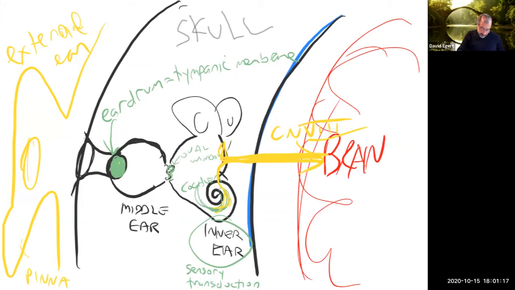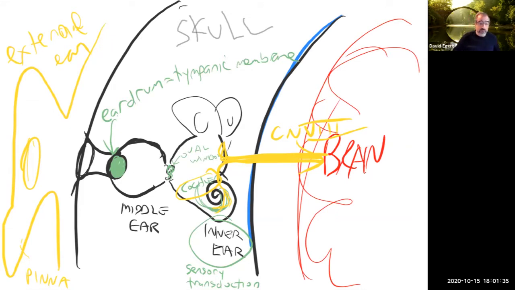So the cochlea is going to convert vibration into an electrical signal. It is important to realize that the inner ear is where we actually do the magic of converting movement into an electrical signal to the brain.